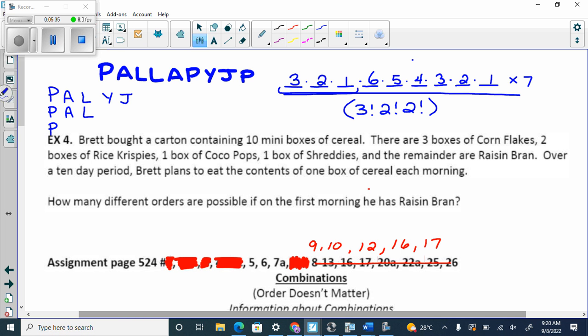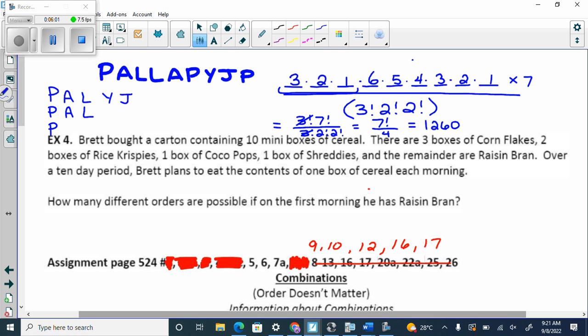So you're going to end up with 3 factorial, 7 factorial, over 3 factorial, 2 factorial, 2 factorial, which the 3's can actually cancel because it's multiplication. Boom, boom. So you could type it into your calculator as 7 factorial over 4. Which is? What'd you get? 1,260.